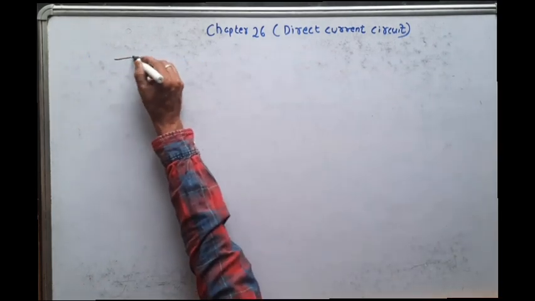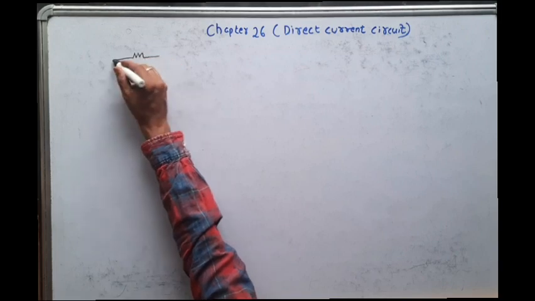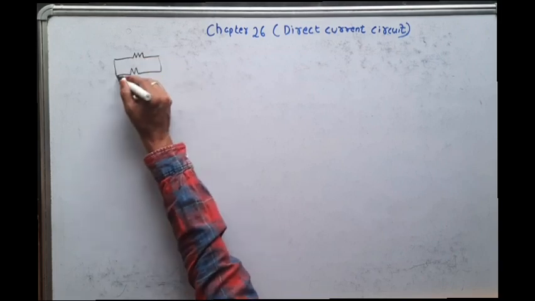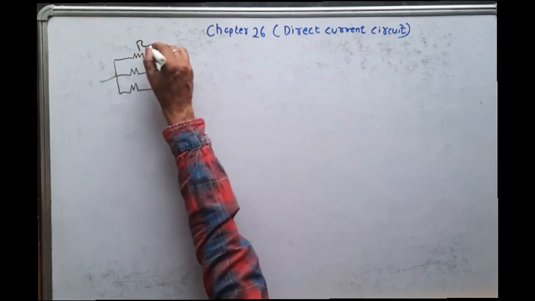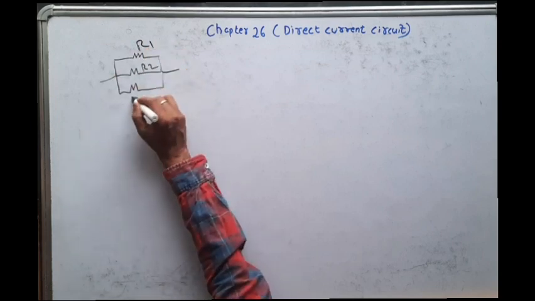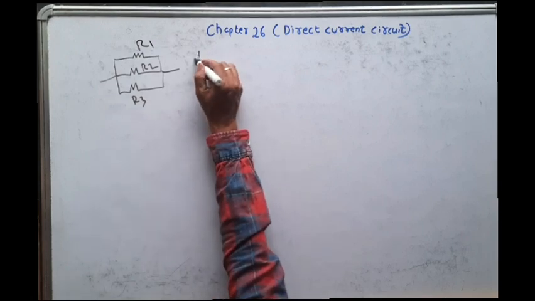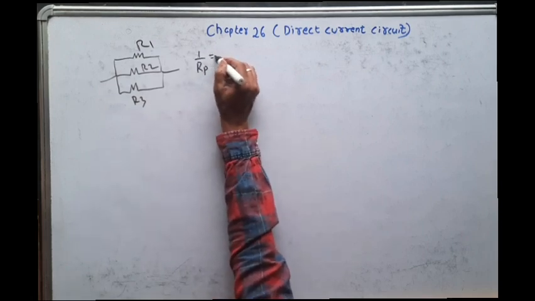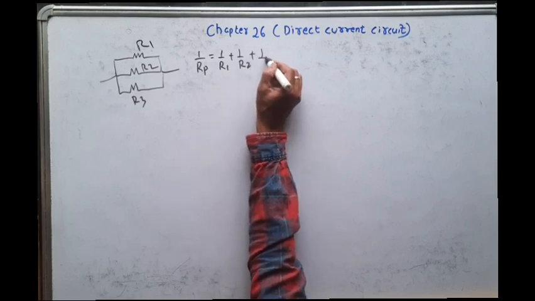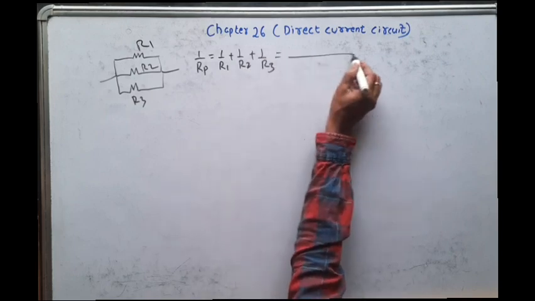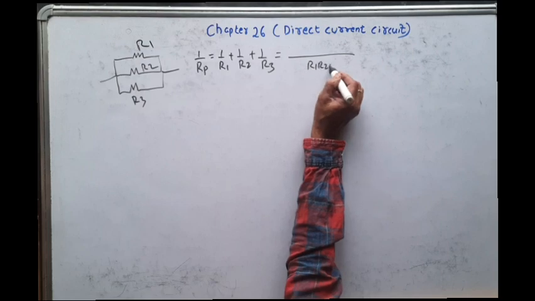Similarly, suppose there are three resistors connected in parallel. This is R1, R2, R3. Then what is the equivalent resistance? So 1 by Rp is equal to 1 by R1 plus 1 by R2 plus 1 by R3. Just take the LCM R1 R2 R3.